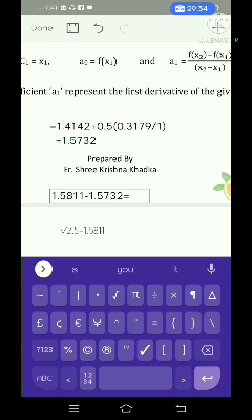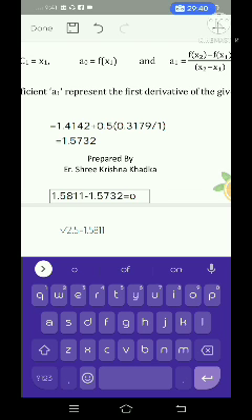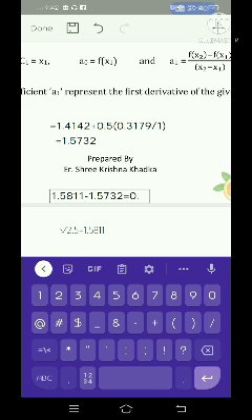1.5811 minus the approximate value, which is 1.5732. That is how much? That is 1.5811 minus 1.5732.